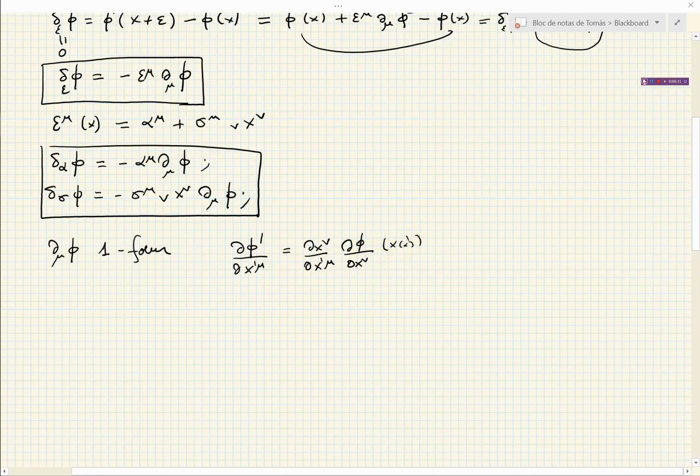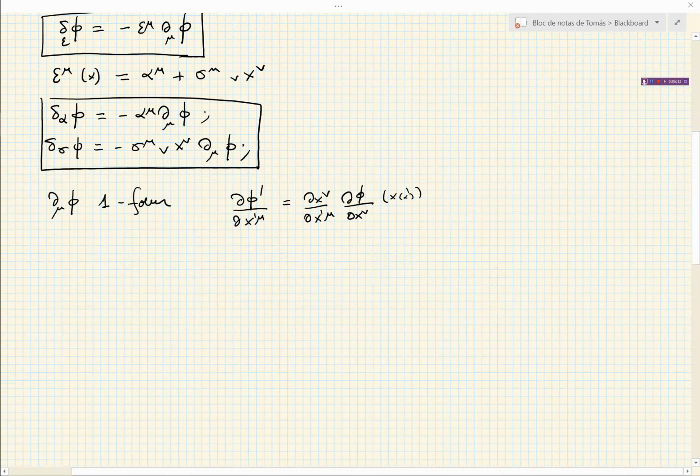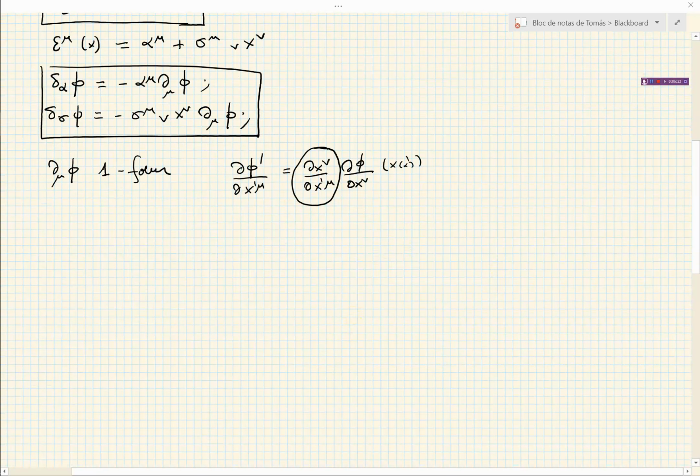This is the transformation rule of a one-form, and now we can use it for these infinitesimal transformations. First, we want to compute this Jacobian matrix. Actually, the inverse Jacobian matrix depends on how you consider the transformation from x to x' or x' to x. We have to compute it for the infinitesimal transformations.